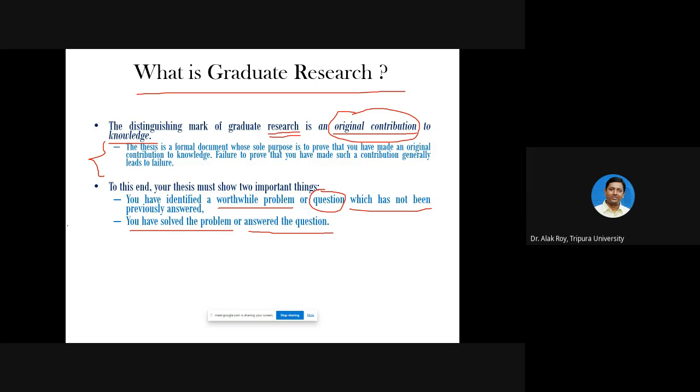So first is to choose a question, second is to solve that question. These are the two things inside a thesis, maybe a master's thesis or maybe a PhD thesis. In both cases, choose a question and solve the question.